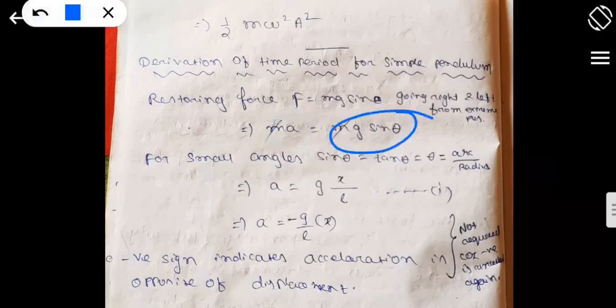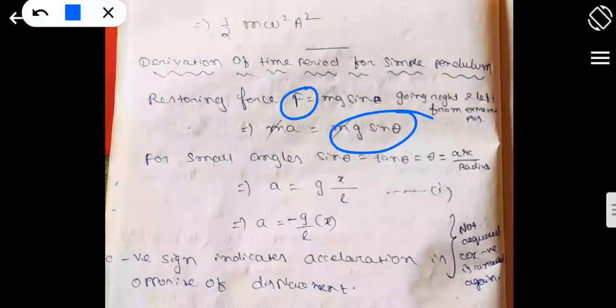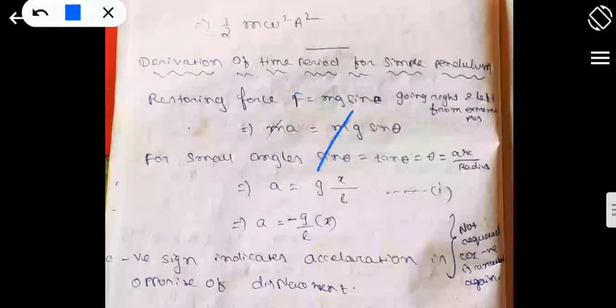Just place the value of force. Now m and m are cancelled, so you will get a equal to g sin theta.